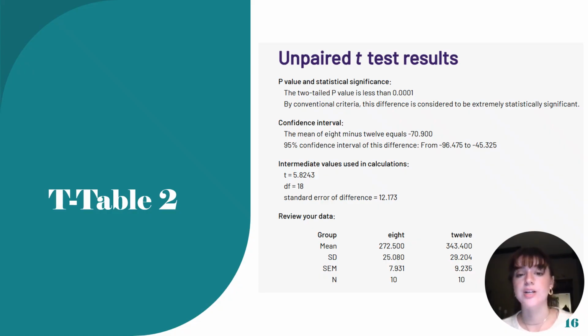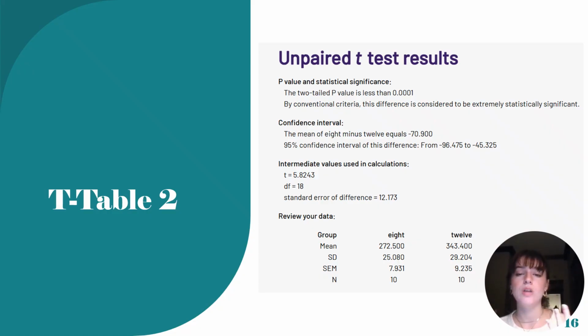So now we're comparing group 8 and group 12. So again, this has a 0.001 two-tailed p-value. So again, this means that these groups don't really have a whole lot of overlap when it comes to the data points.